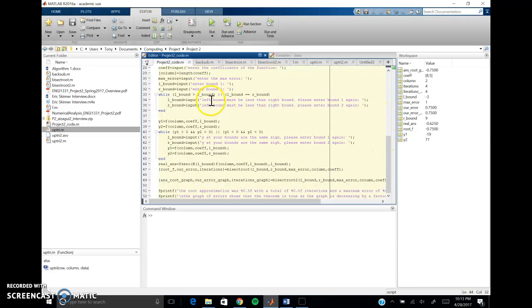Now you're going to enter a while statement if your y's fail to differ in sign, and you will have to input some new bounds. To get the root of an equation, you want your bounds to differ in sign, because on your y-axis you're taking your 0.